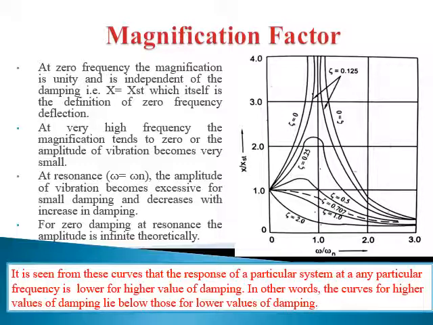In other words, the curve for a higher value of damping lies below those of the lower value of damping. As we increase the damping, it is coming down and the amplitude is becoming low. This is about the curve of magnification ratio and frequency ratio.